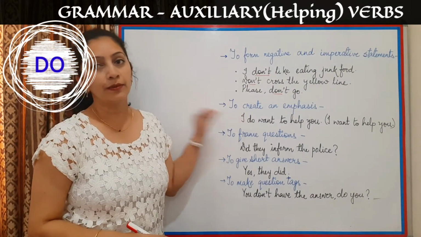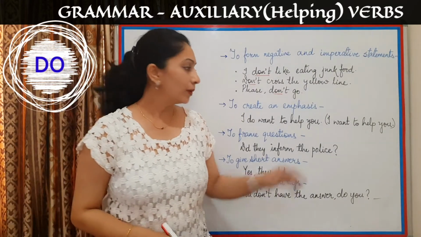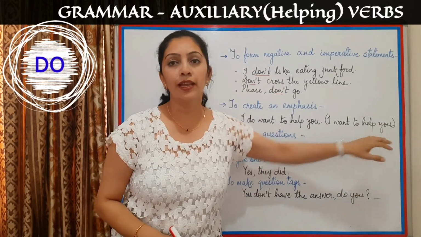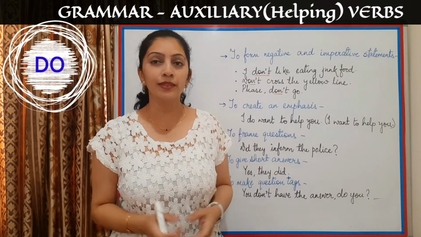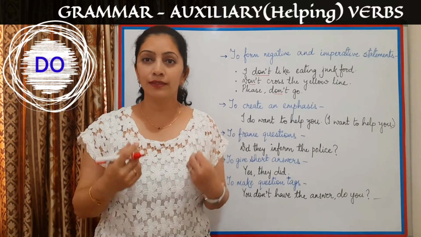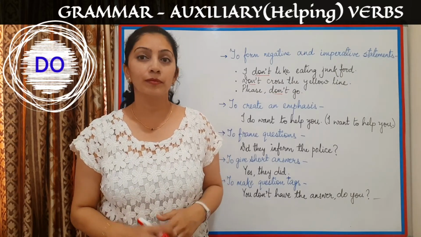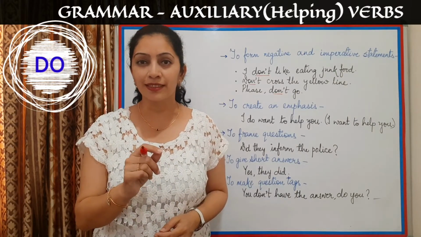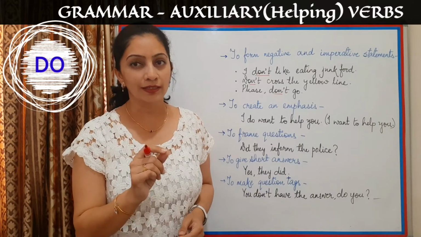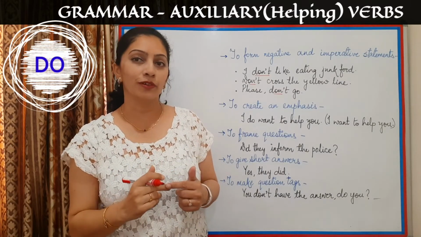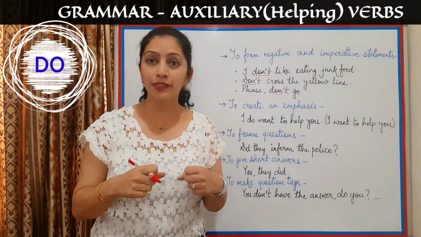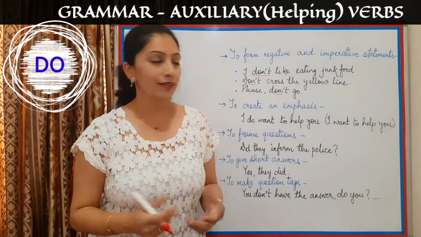To create an emphasis, now look at this one. I want to help you. I want to help you is a simple declarative sentence. But if you want to emphasize the verb want, then you put do before it. It's like putting an emphasis on your words.